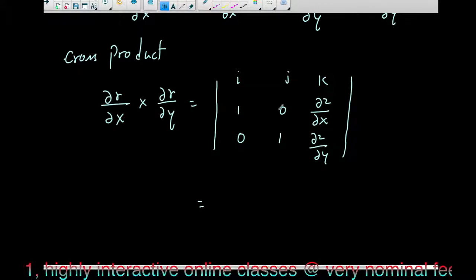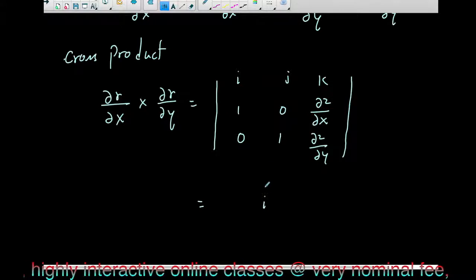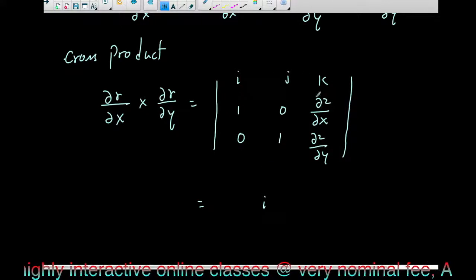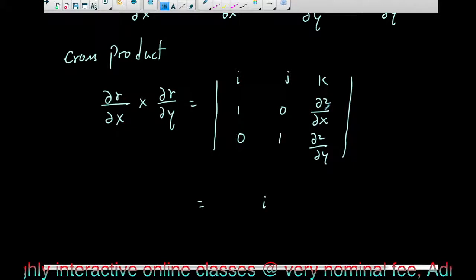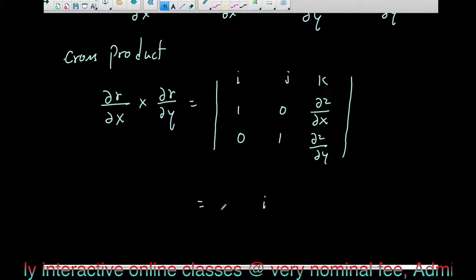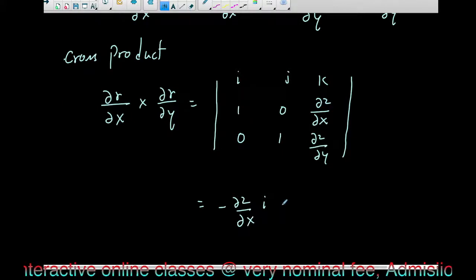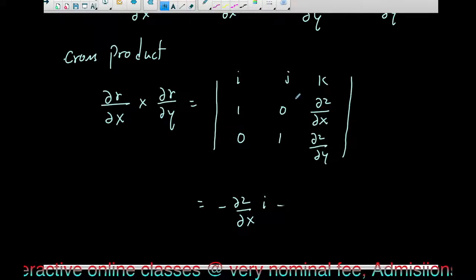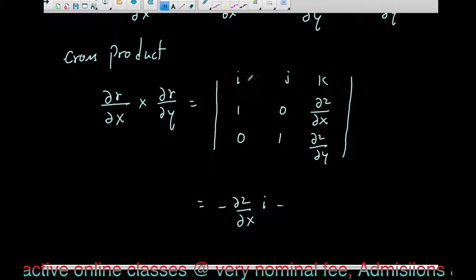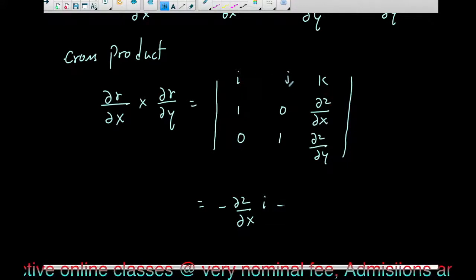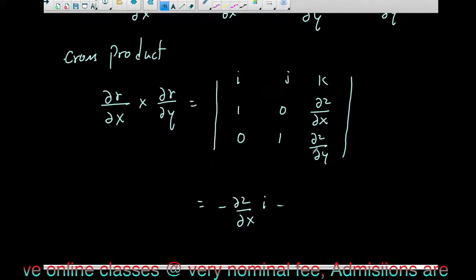With the help of the i unit vector, you have to delete the first row and first column, 0 into this minus del z by del x. So we have minus del z by del x i, right, and minus, then we go for j, plus minus j, you have to say minus j, delete this and this, minus this.